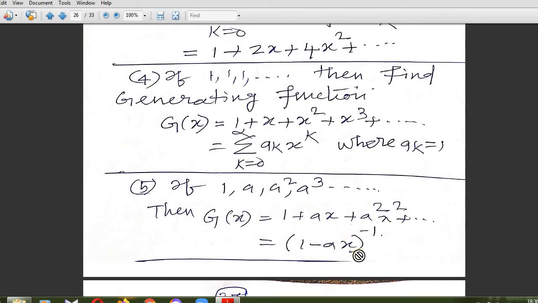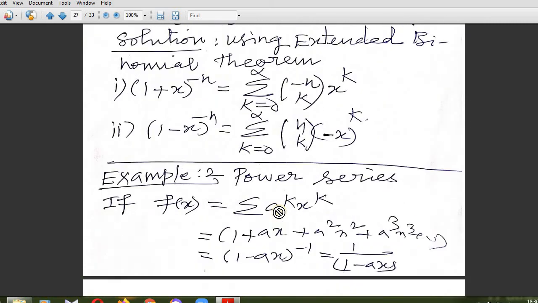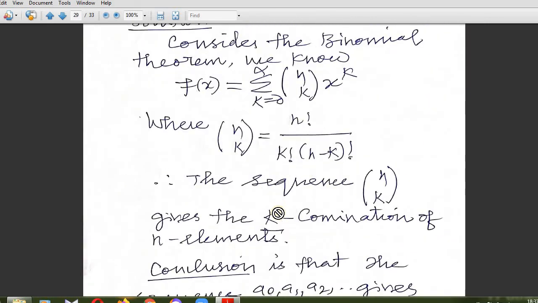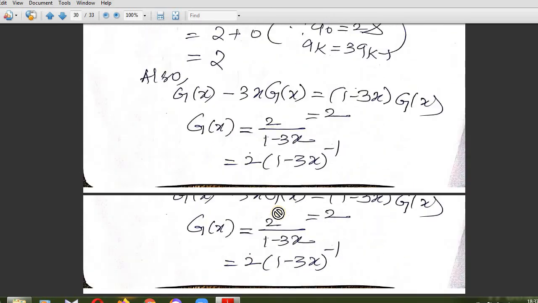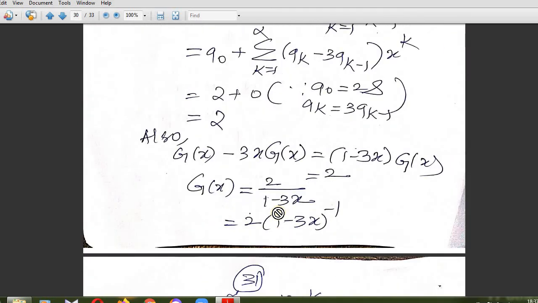Now look at this. (1 minus ax) power inverse equals 1 plus ax to the power 1, plus ax to the power 2, like that it will go on. The same idea we are applying to expand this.